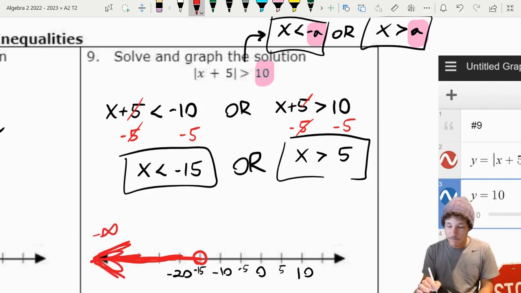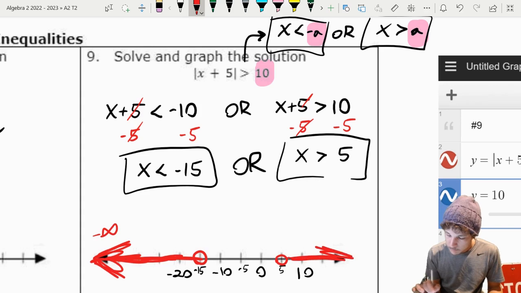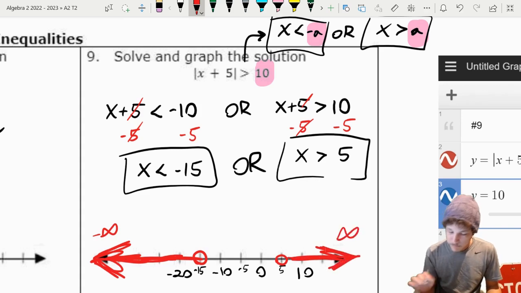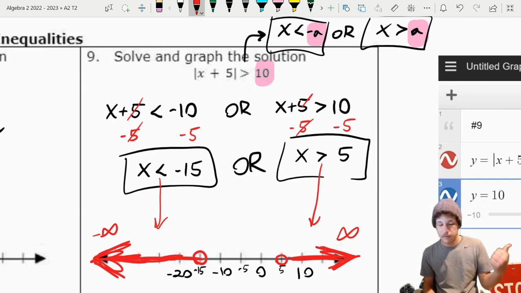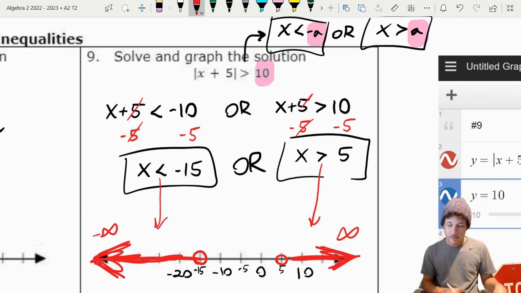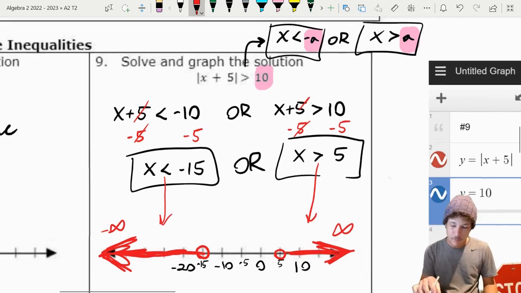For x is greater than 5, I'm going to put an open circle at 5 because it's not greater than or equal to, and I'm going to shade all the way to the right to positive infinity. The symbols actually tell you where to draw. Less than goes to the left, greater than goes to the right. I don't know how that's going to show up on the camera.